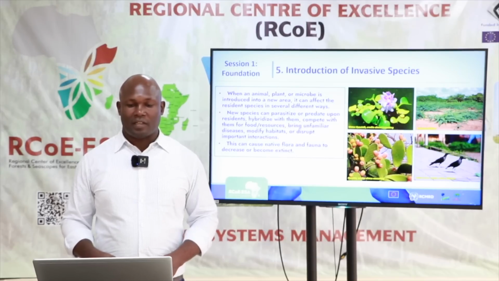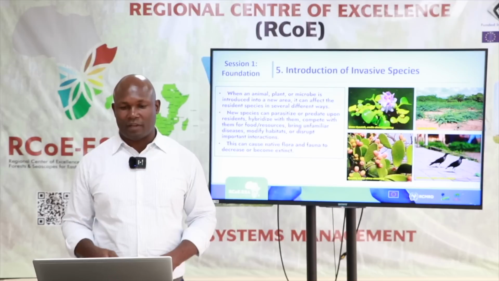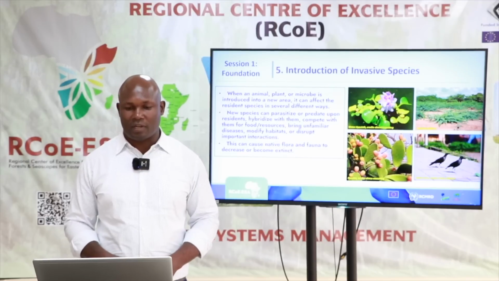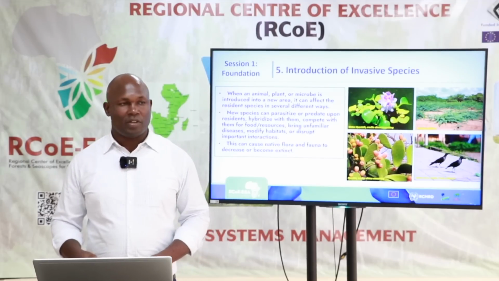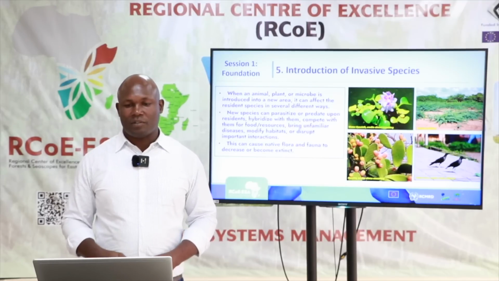These are threats to biodiversity, and I've highlighted some of them here, like the water hyacinth, Prosopis juliflora, and Opuntia. We also have the Indian crow, which has been a menace at the Kenyan coast. These are some of the species that are interfering with our biodiversity.